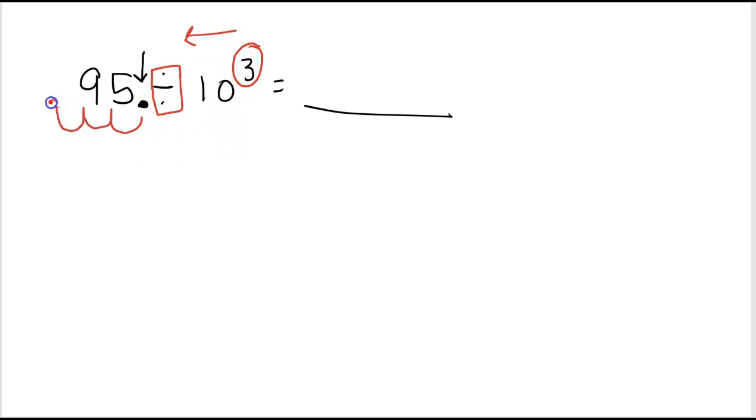Mr. Walker, there's no number. That's okay. We're going to fill that hole with a 0. So the quotient to 95 divided by 10 to the 3rd is 0.095, or 95/100ths, and that is my quotient.